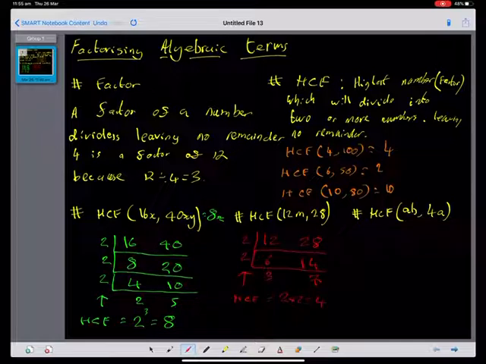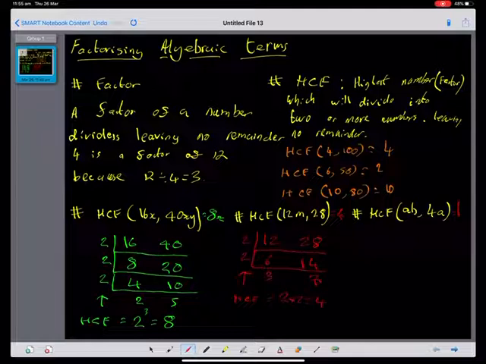Okay. We don't have any letter in the 28, so we just leave it as 4. And you can do this one by inspection. The highest number which will divide into 1 and 4 without leaving a remainder, that is the highest factor, is 1.